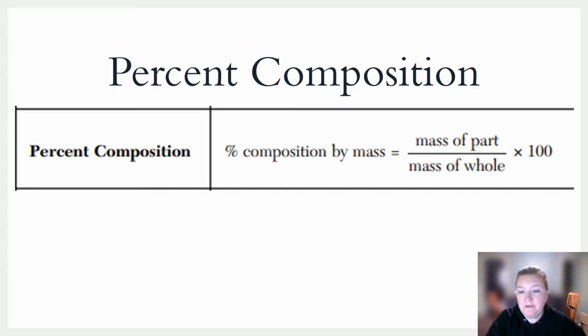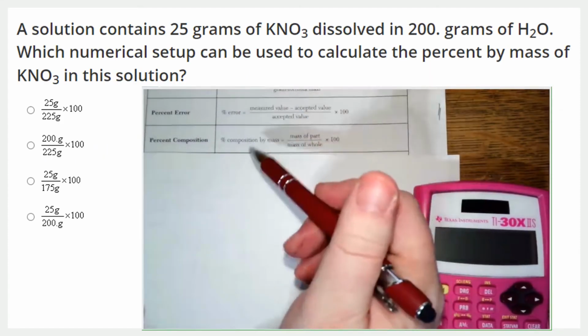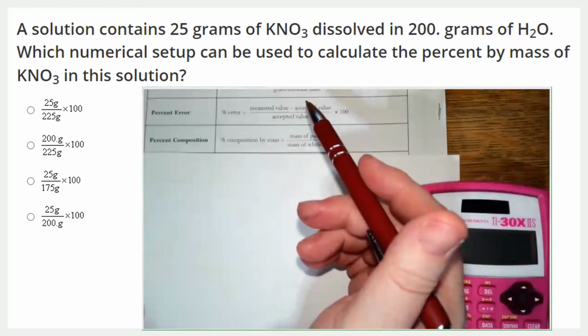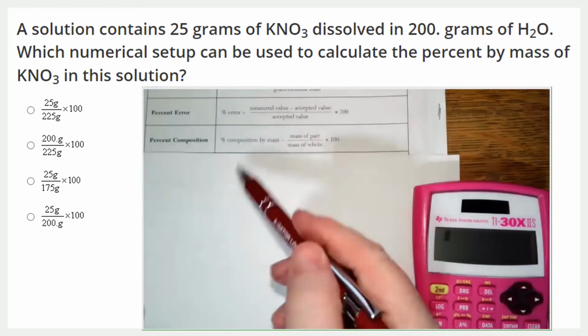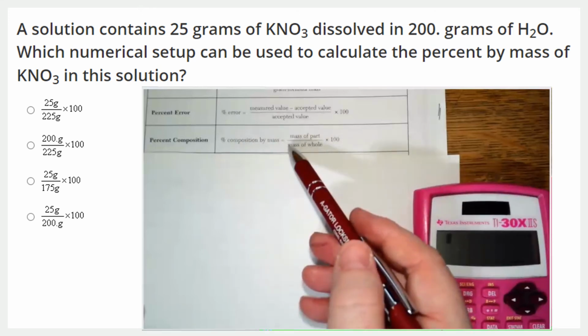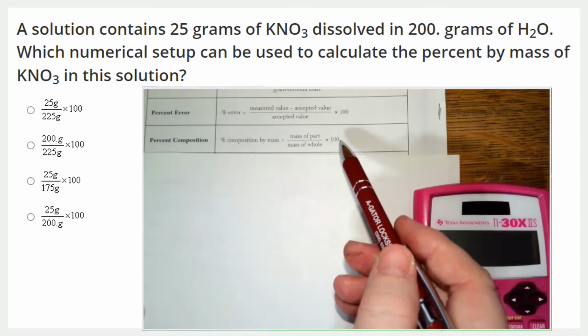Okay, now we're going to move on to percent composition. Formula from the back of your reference table. This one is kind of easy because it's just a numerical setup question. I need to use this formula for percent composition. So it's mass of part over mass of whole times 100.